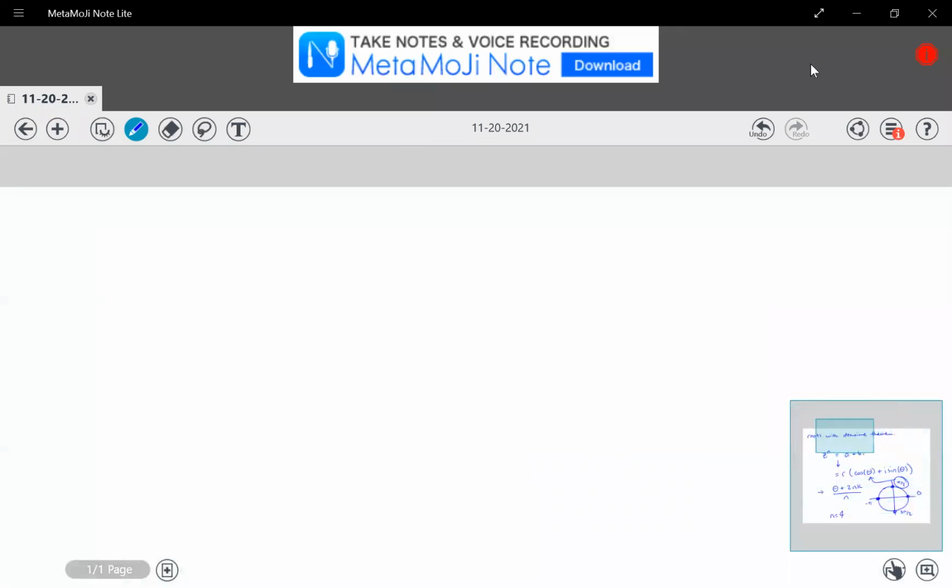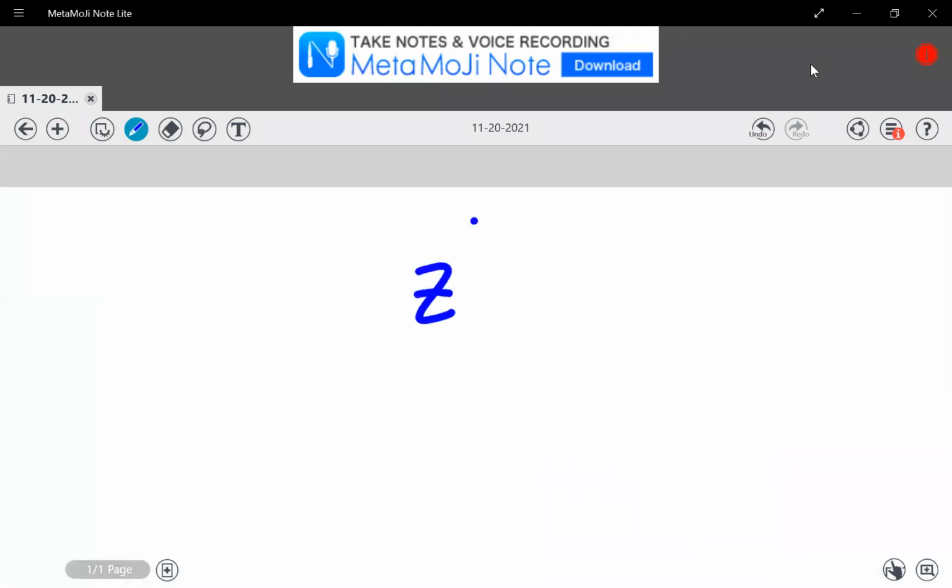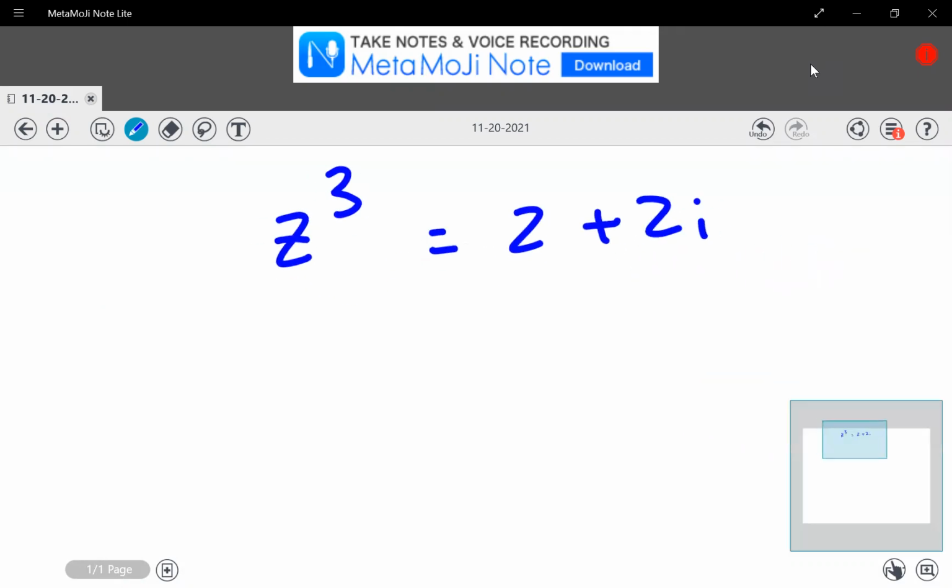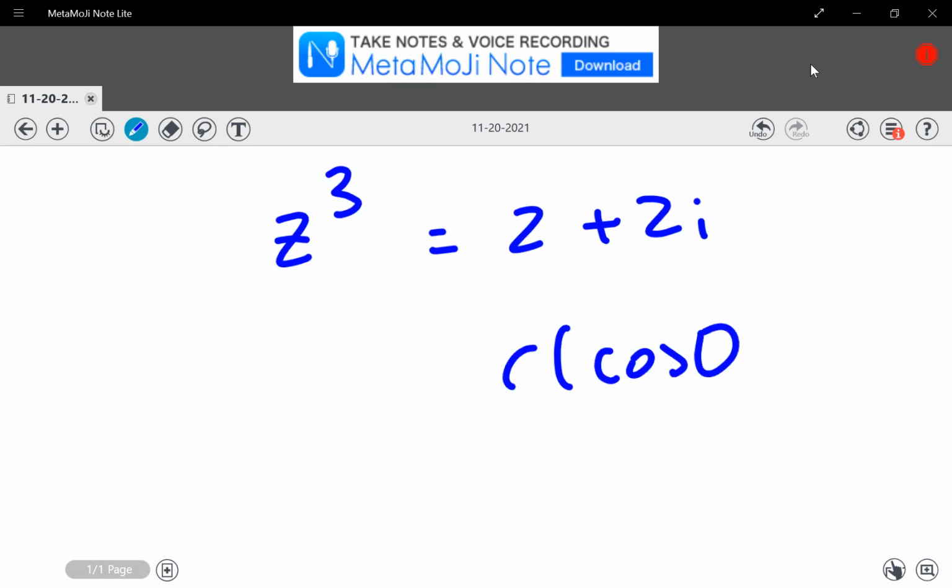So let's say we have z to the power of 3 is equal to 2 plus 2i. So the first thing we want to do is rewrite it in our r times cosine theta plus i sine theta form.